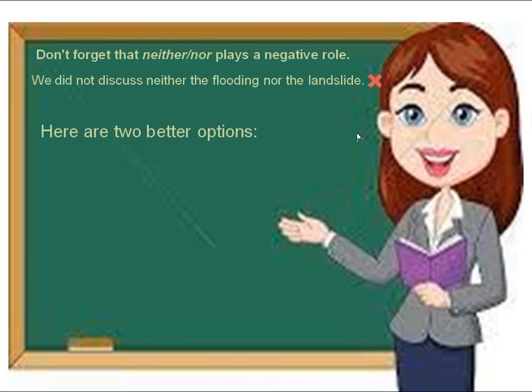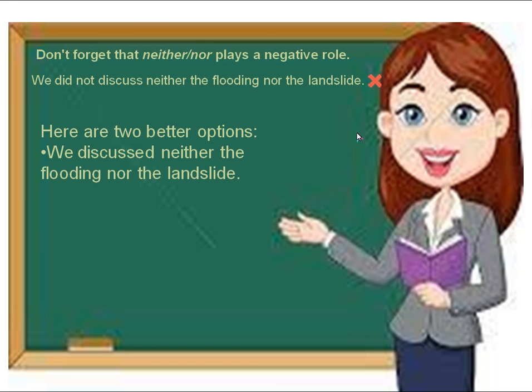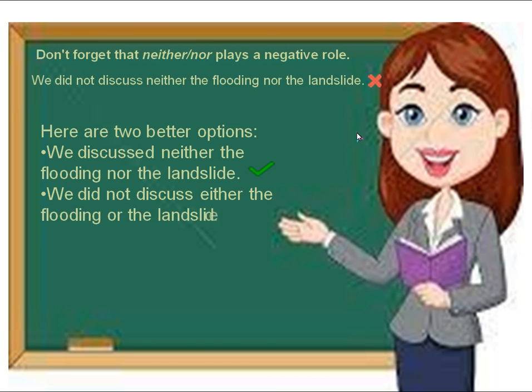Here are two better options. We discussed neither the flooding nor the landslides, or you could say we didn't discuss either the flooding or the landslides issues. So this is how we need to remember that if you are using your correlative conjunction neither nor, do not use the word not in your sentence, because they represent the negation itself.